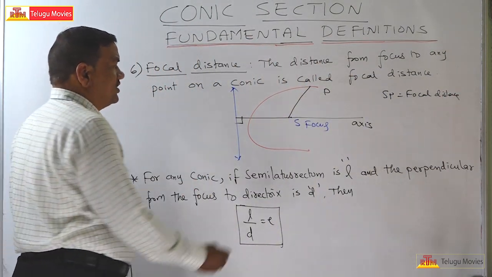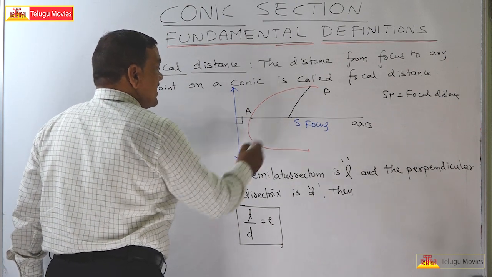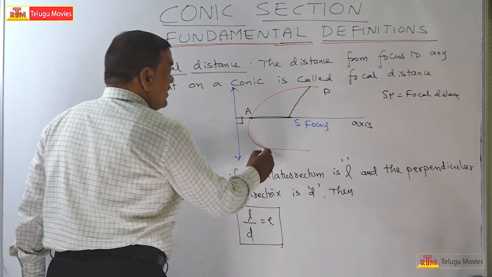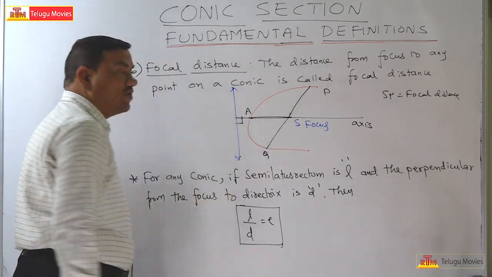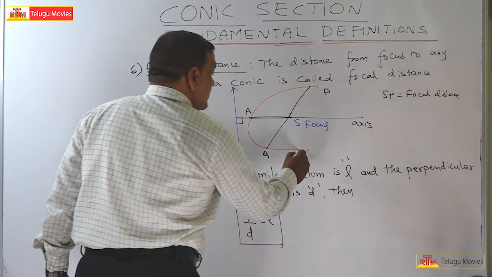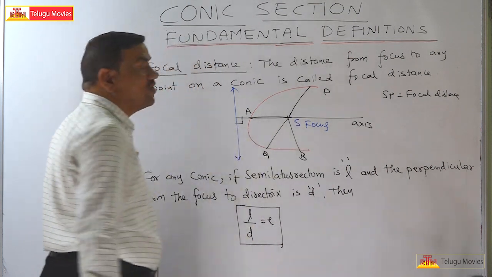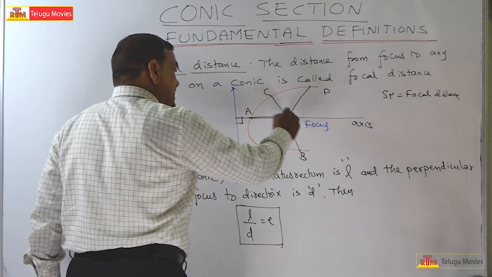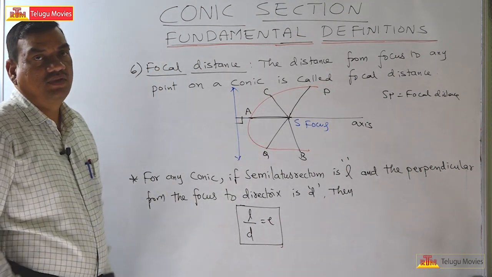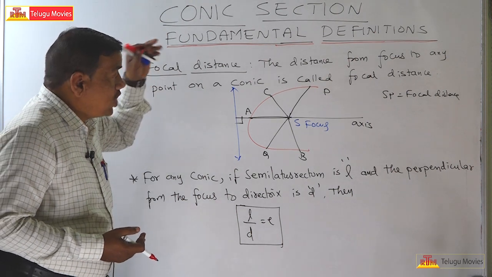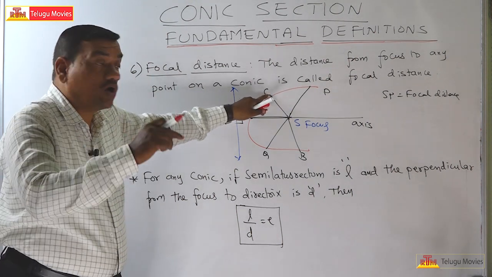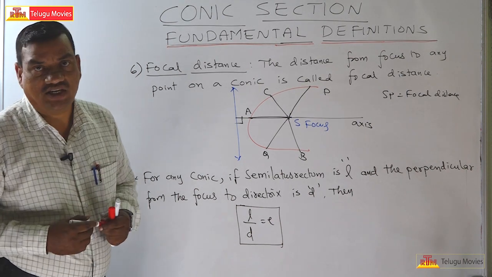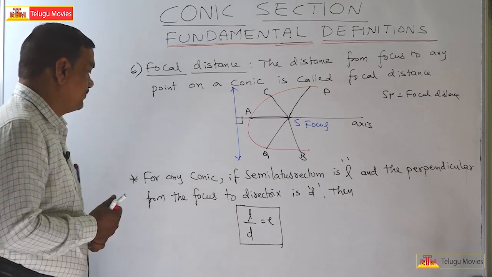For example, if it is the vertex, then SA is the focal distance. If the point is Q, SQ is the focal distance. If your point is B, SB is the focal distance. If your point is C, SC is the focal distance. Any point on the conic, its distance to the focus is called the focal distance.